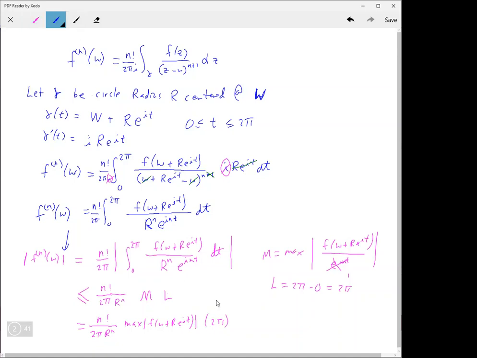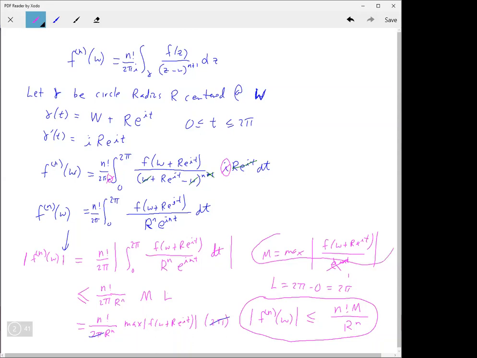Okay, and then of course these 2 pi's are going to cancel each other off. So essentially, the nth derivative is less than or equal to n factorial times M over r to the n. Okay? This is called Cauchy's inequality, and M is the maximum value of the modulus.